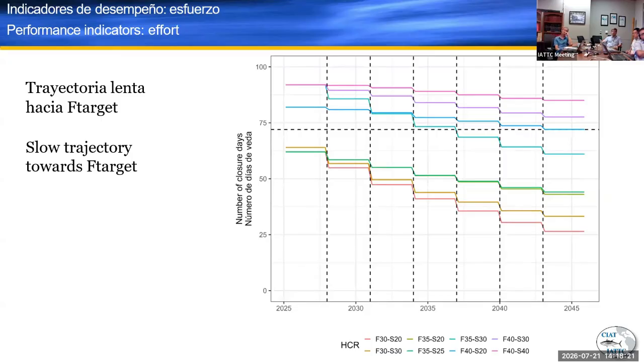But going back to the limit on the number of days of closure that can change between management cycles, it happens very slowly. And so given the healthy status of bigeye tuna, perhaps we should be allowing for a greater reduction in the closure days, particularly initially.